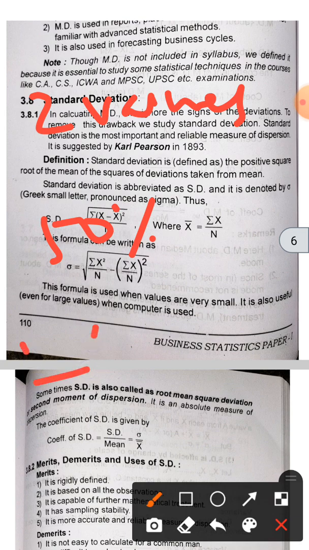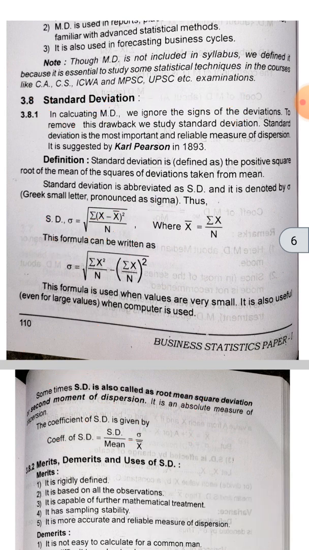It means consider in mean deviation -5 is equal to +5, therefore it will not give correct answers because ignorance of negative sign in mathematics is the main drawback of mean deviation. Therefore all these drawbacks can be overcome by standard deviation.